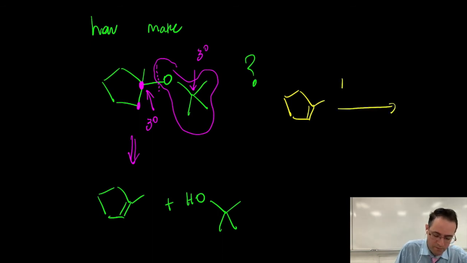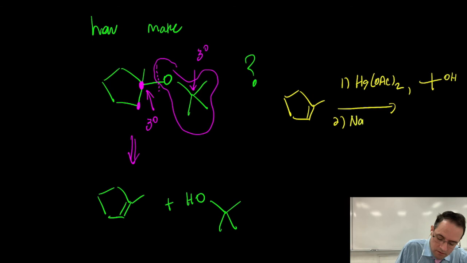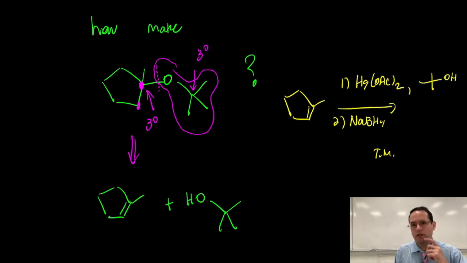We would take 1-methylcyclopentene and treat it with mercury 2 acetate and tert-butyl alcohol. Step 2 would be sodium borohydride, and that would get me the desired target molecule.